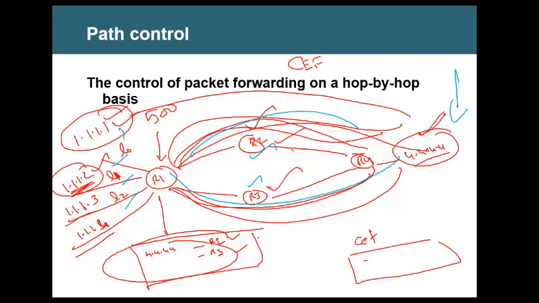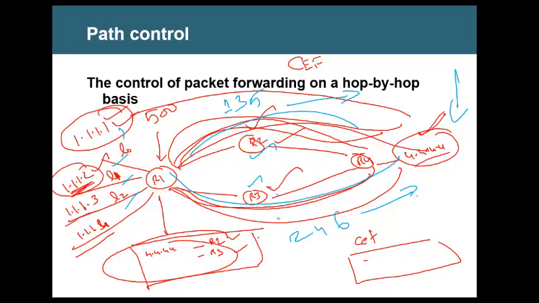But if you cancel CEF, you will see the first packet going this way, second packet going this way, third packet going this way, fourth packet going this way, fifth packet going this way, sixth packet going this way. You will see 250 packets via this way, 250 packets via this way. When? When you do packet switching, when you don't have CEF.